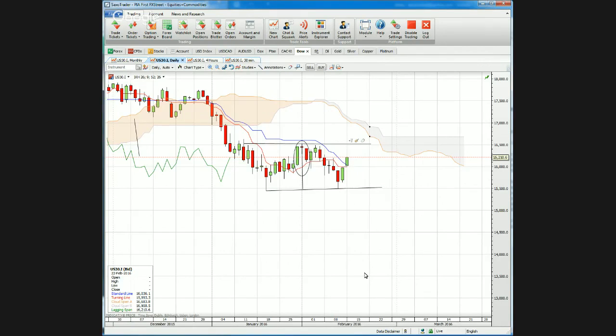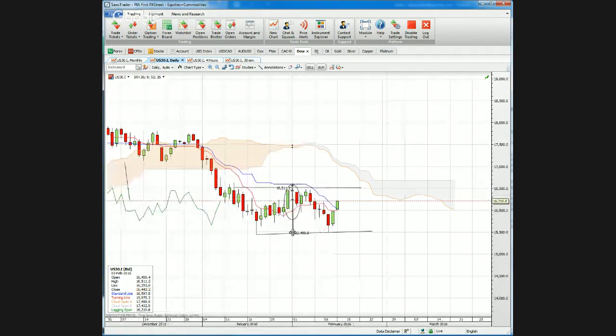And price action would then target, let's get this exact for you, a measured move target to 17,580. So you take the measurement from the high to the low of this neckline and extend it from a break of this high.